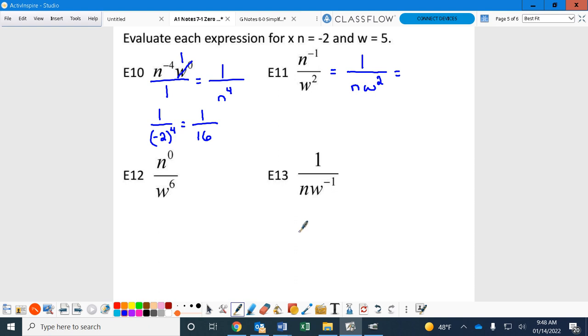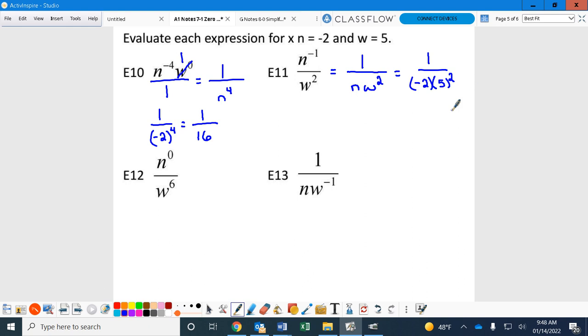Once we get it simplified, which I don't have any bases, I don't have any negative exponents, so I'm simplified, I'm going to plug in the numbers. It's going to be 1 over, n is -2, so it's going to be -2 times w, which is 5 squared. Now guys, you got to do this math correctly, so be careful. Listen to me.